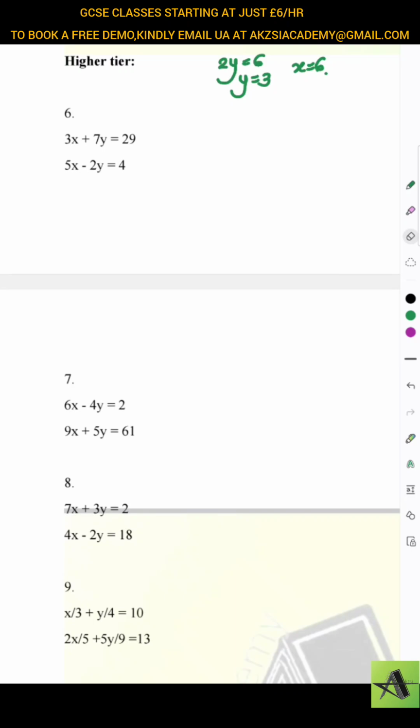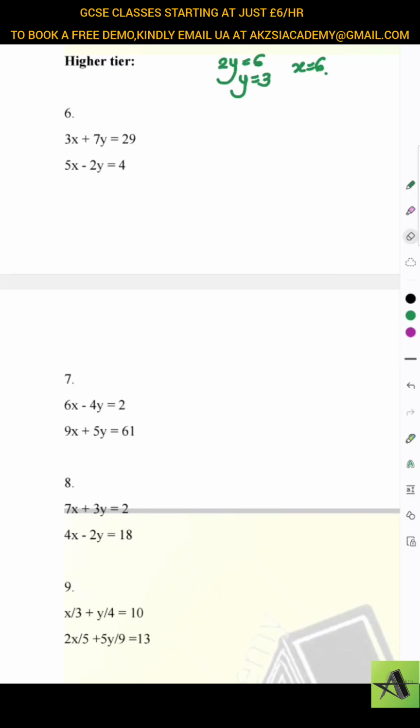Say I want to make the coefficient of x the same: it is 3 in the first equation and 5 in the second, and their LCM is 15. So I have to multiply 3 with something to make it 15, and 5 with something to make it 15. That means in this case we have to multiply both equations.